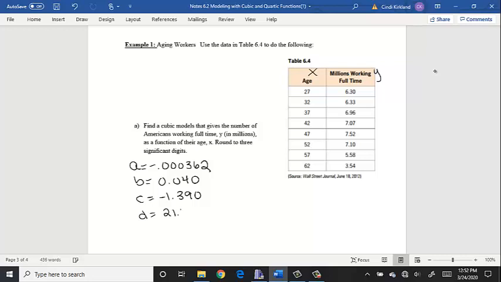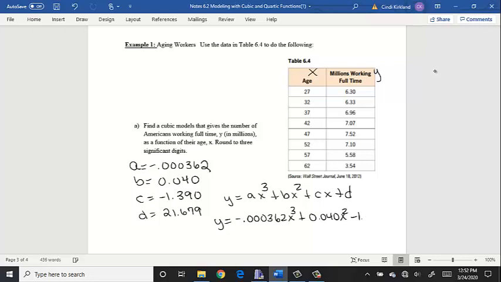And D is 21.679. So plugging it into our cubic function, we're going to replace our coefficients. So the cubic function modeled by this data is negative 0.000362 x cubed plus 0.040 x squared minus 1.390 x plus 21.679.